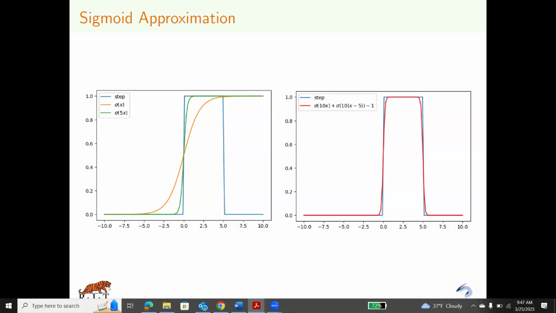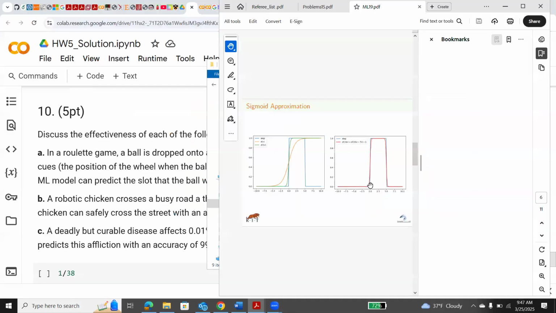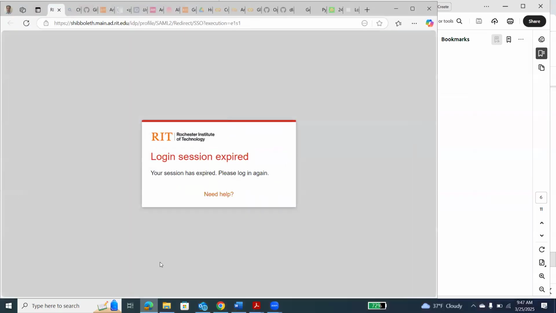And this idea led to the, actually, I think now it's easier to look at neural networks from this perspective.